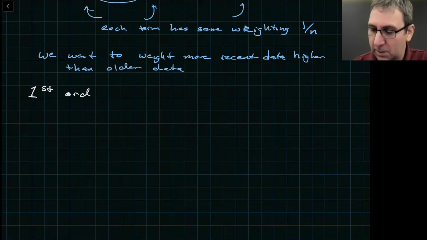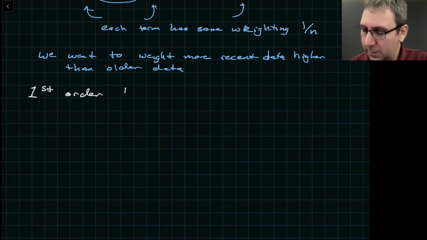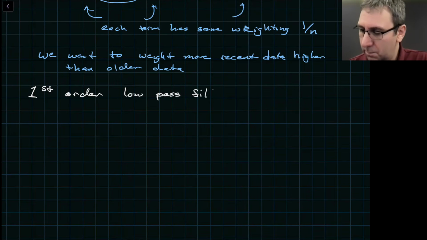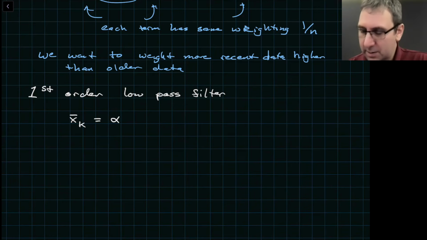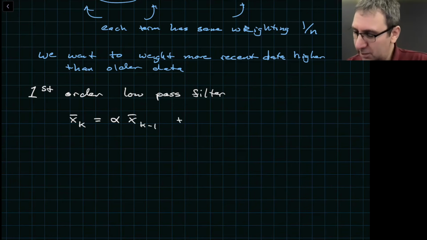So there's a first order low pass filter. And this is the expression. X bar K is alpha X bar K minus 1 plus 1 minus alpha XK.